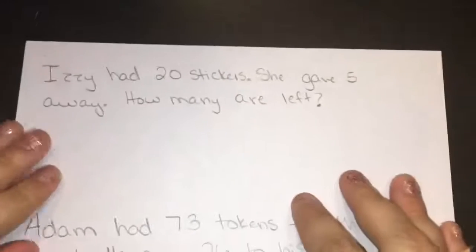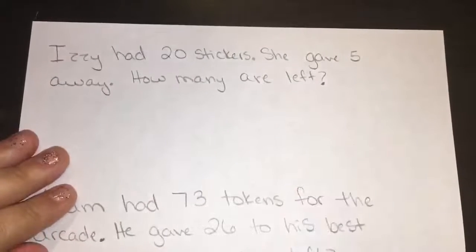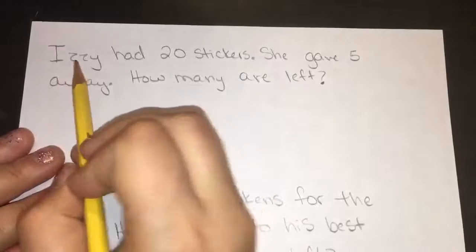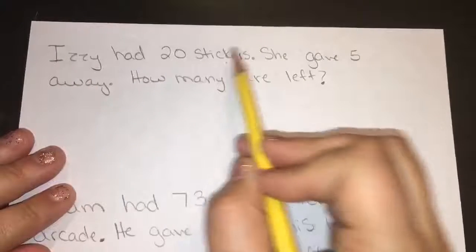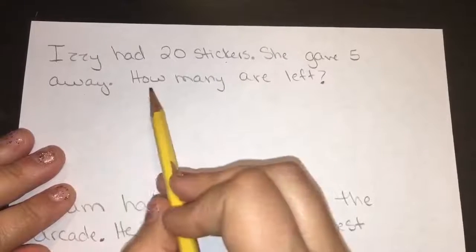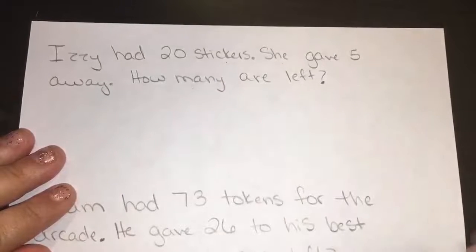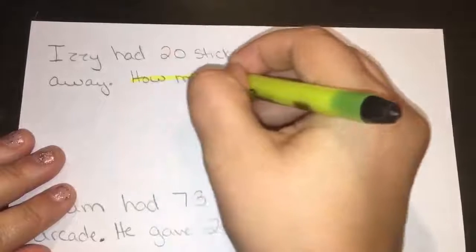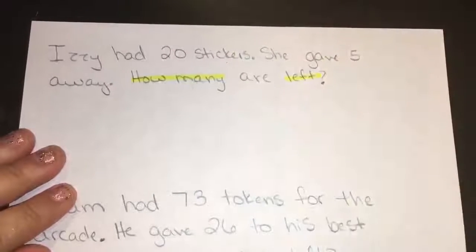Now, let's take a look at this number problem. Izzy had 20 stickers. She gave 5 away. How many are left? Now, here are some important key words. How many and left.